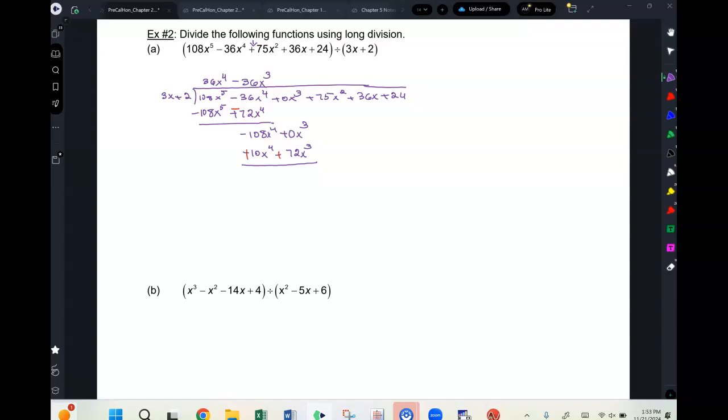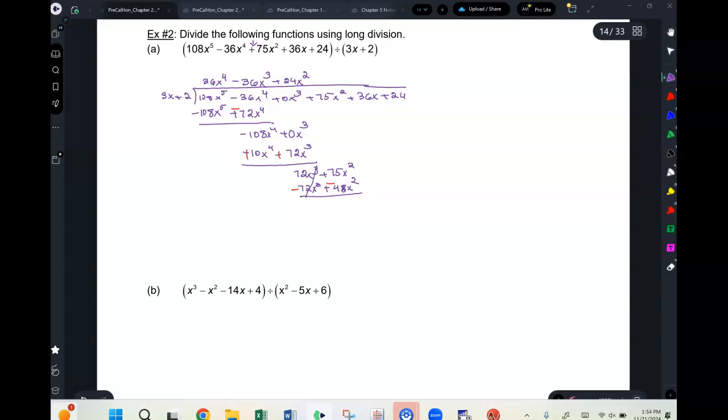Okay, and what do we get here? 72x cubed plus 75x squared. All right, so 72 divided by 3, 24x squared. So I get 72x cubed plus 48x squared. Let's change the signs.